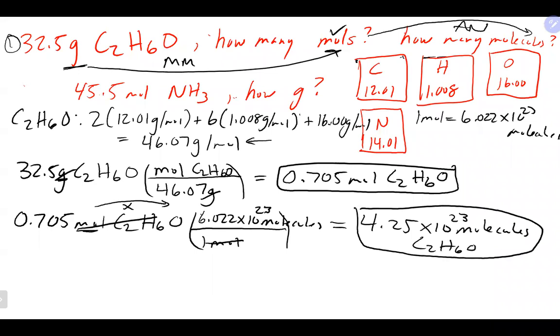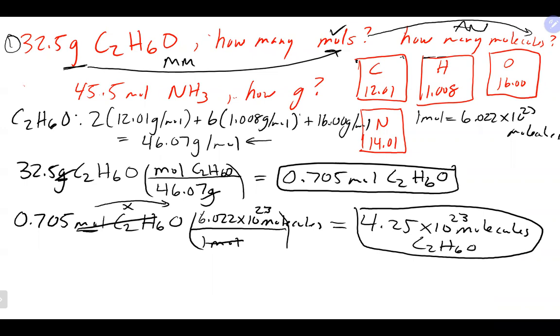Any question on that one there? In this case, I did 2 separate calculations since we wanted an answer for both. If we were just looking for the molecules, we could roll it all in one calculation if you wanted to. Any questions on any of that there?